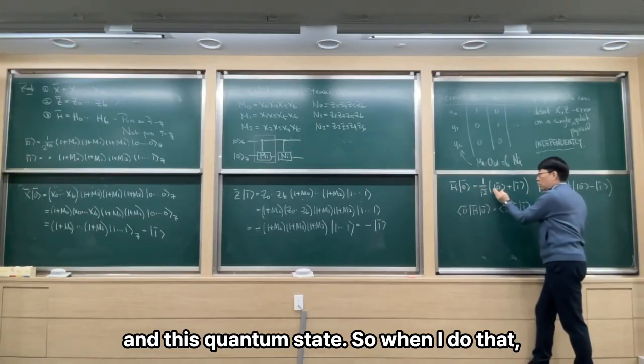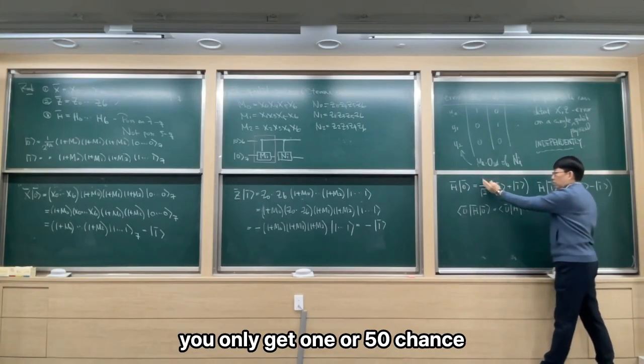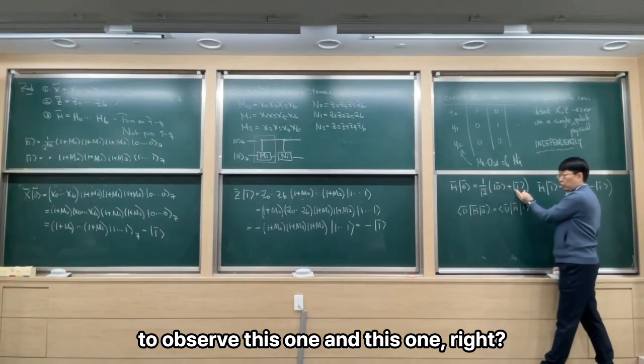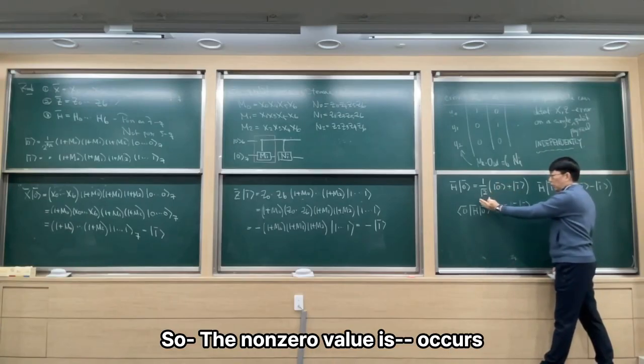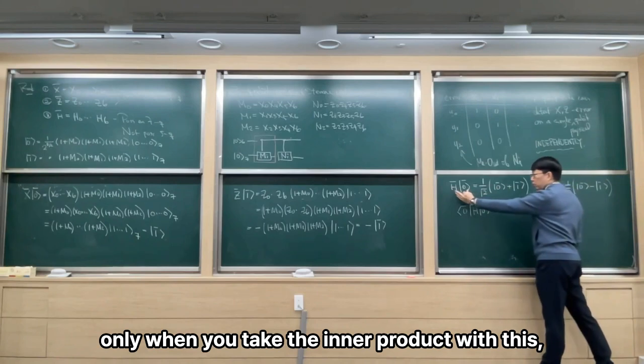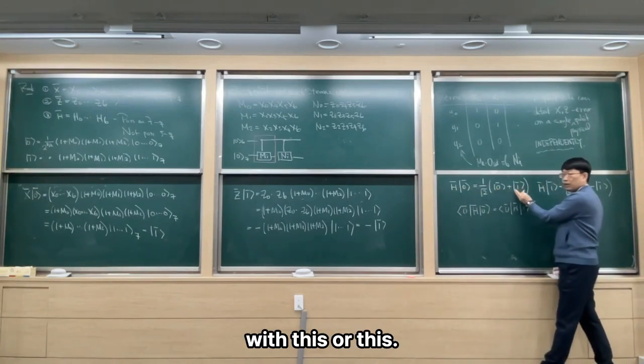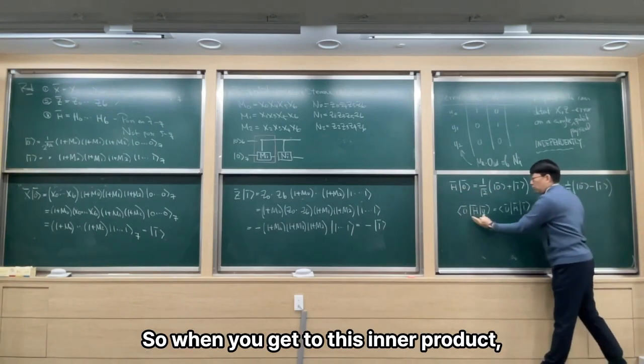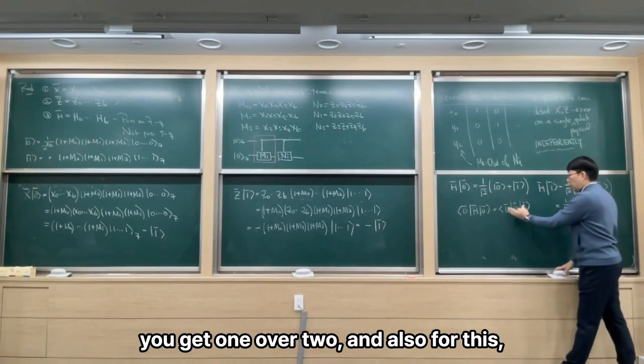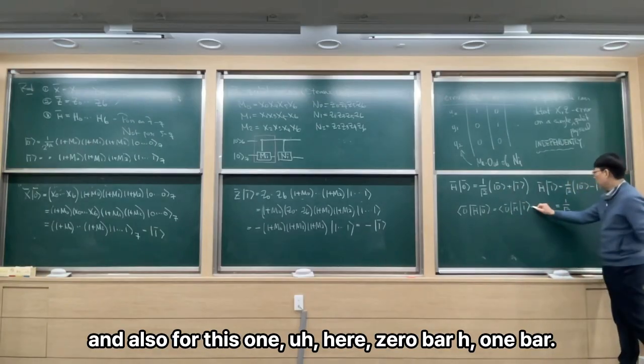So when I do that, this means that basically you only get 50% chance to observe this one and this one, right? So the non-zero value occurs only when you take the inner product with this or this. So when you get this inner product, you get 1 over 2, and also for this one.